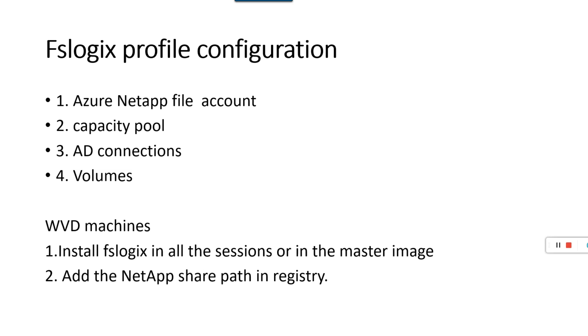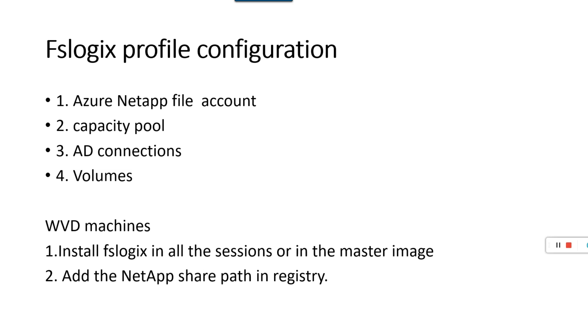Otherwise, if you have a very small environment, or if you're doing a demo, you can just go to each and every session host, for example two or three session hosts, and install the FSLogix container. In case you have a large production environment, you can install it in the master image, and with the help of the master image you can update your host pool, or spin up machines from that master image.